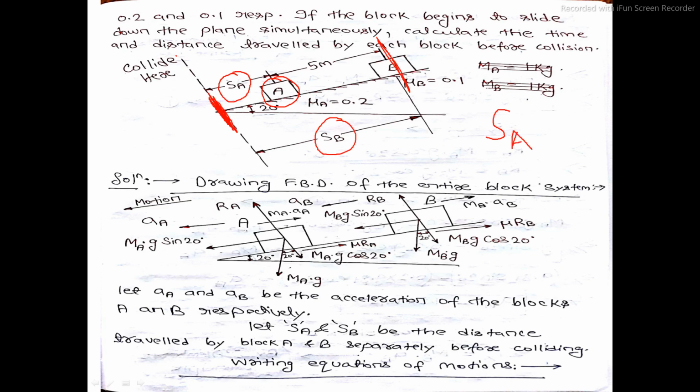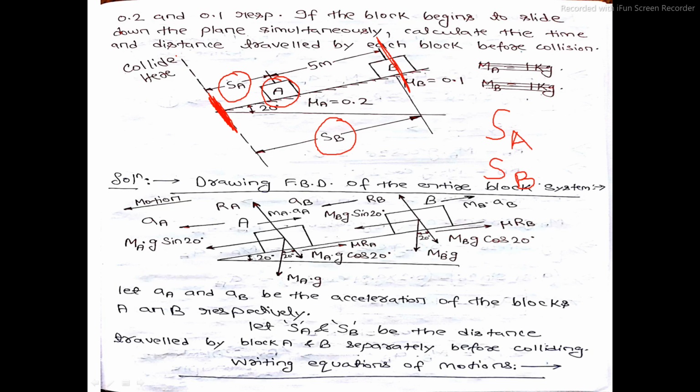You need to find SA and SB, the distances travelled by block A and block B separately before collision.